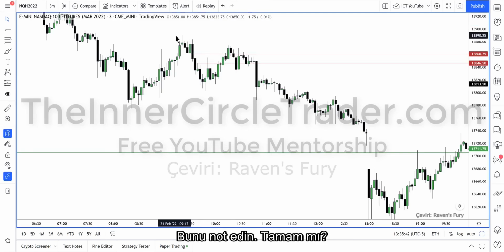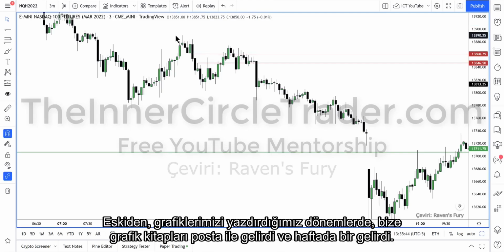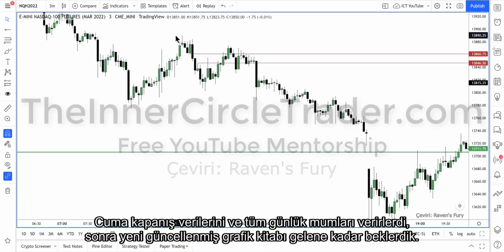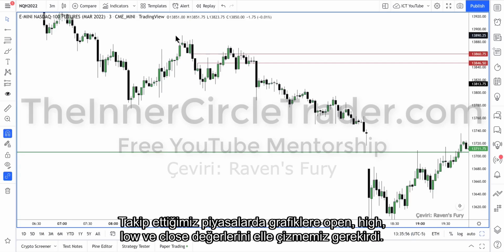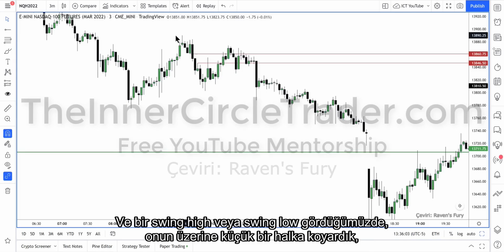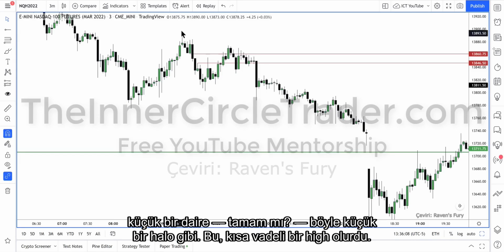Note that. In the old days, when we printed out our charts and had chart books delivered to us once a week, they would give us the Friday's closing data and all the daily candles. Until we got our new updated chart book, we had to hand draw in the open, high, low, and close on the charts for the markets we were following. So whenever we saw a swing high or swing low, we would put a little ring above it, a little circle, like a little halo.